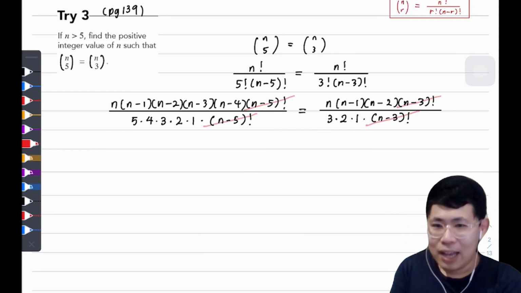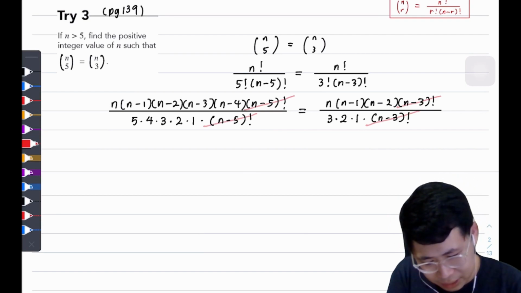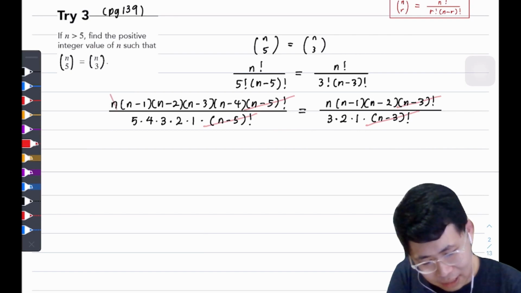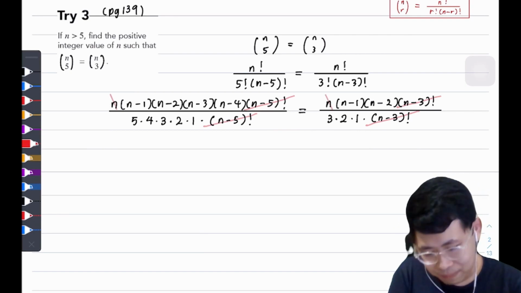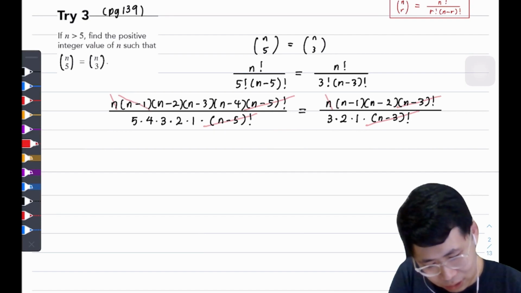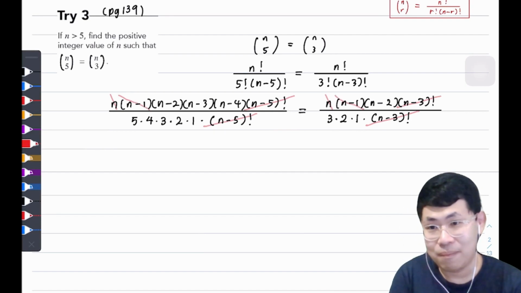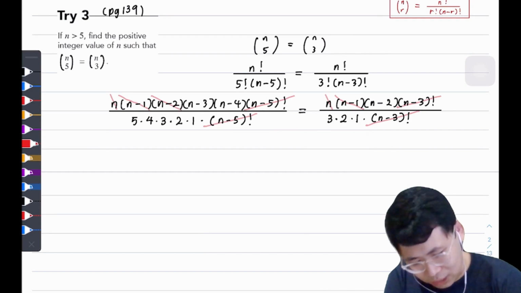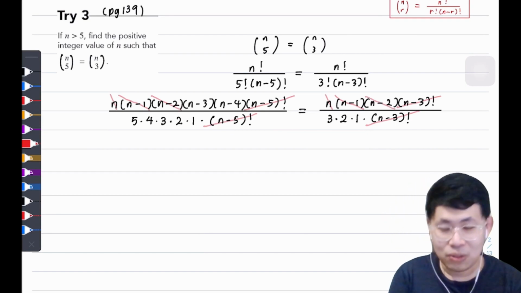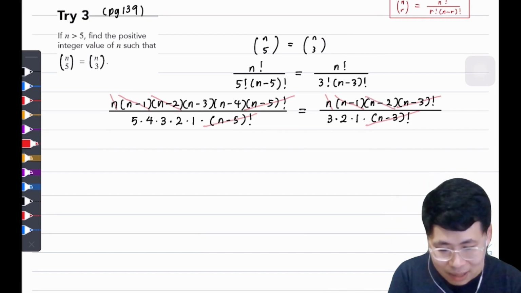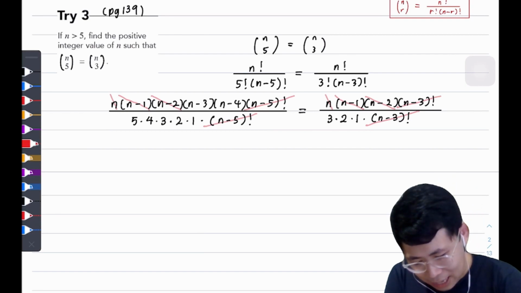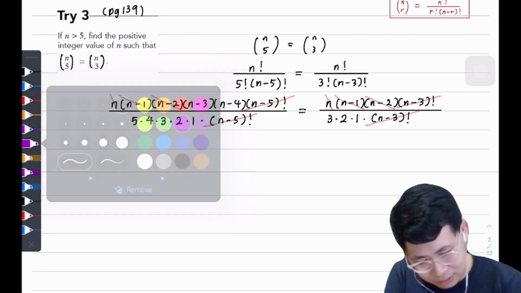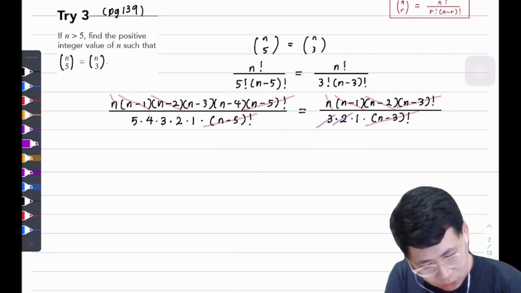Next I can do more cancellation on the left and right. I can cancel n on the left and n on the right, n minus 1 on the left and right, n minus 2 on the left and right. At the same time, I can also cancel the denominator 3, 2, and 1.